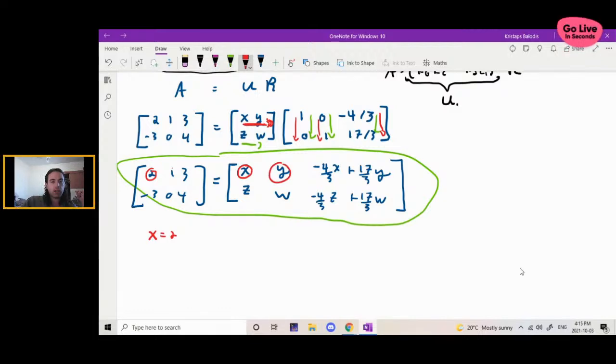Here I have y and 1. So this tells me that y has to be equal to 1. Likewise, z has to be equal to minus 3, and w has to be equal to 0.